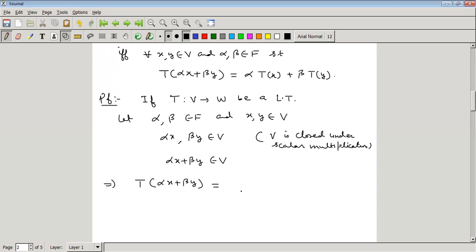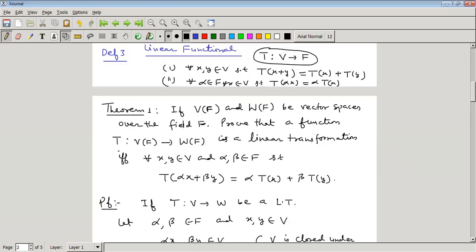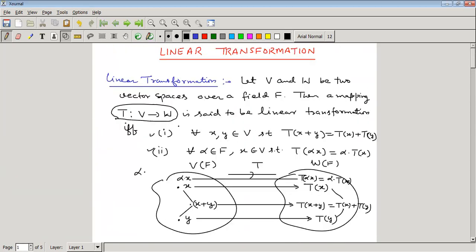And if T is a linear transformation, we can use the first property. So we can write this as T of alpha x plus T of beta y. Is this point clear? We use the first property because T is a linear transformation, so it satisfies these two conditions.